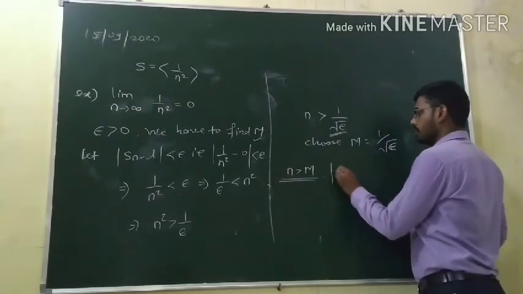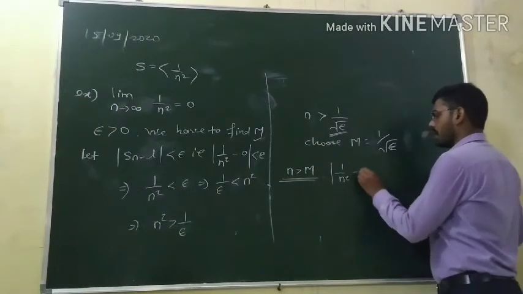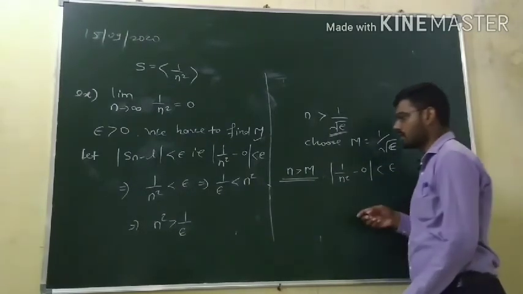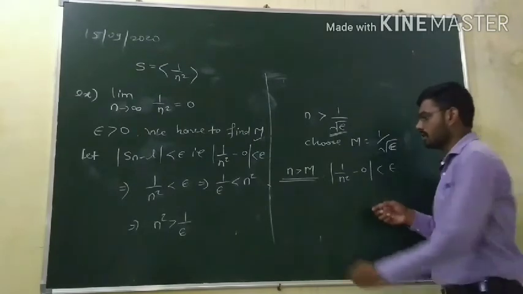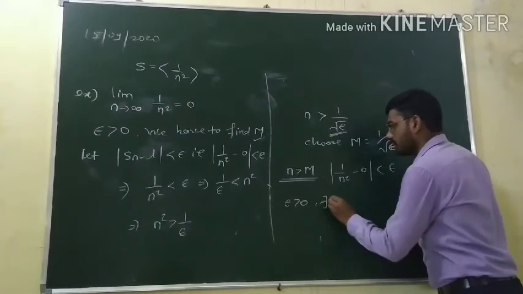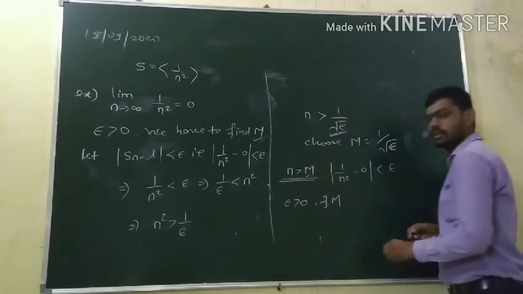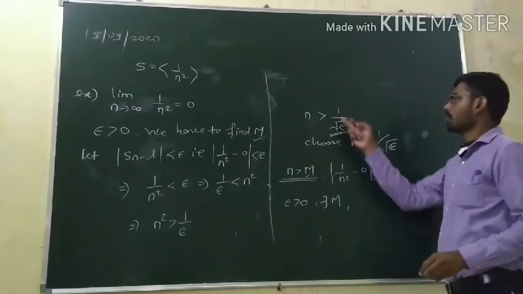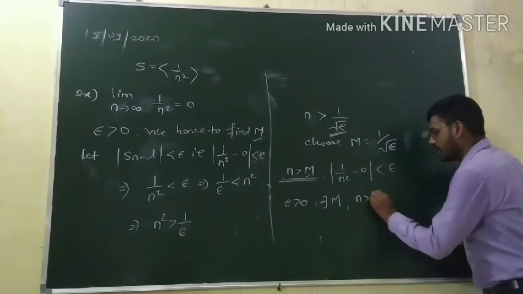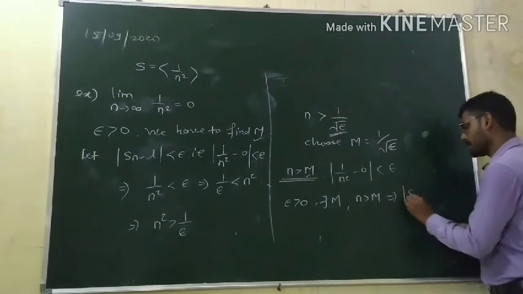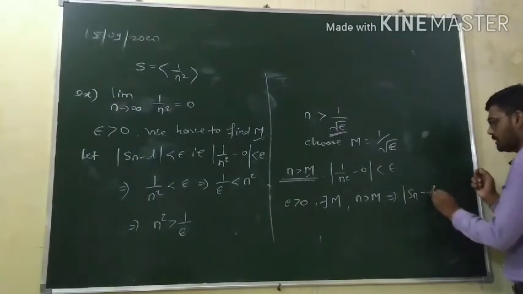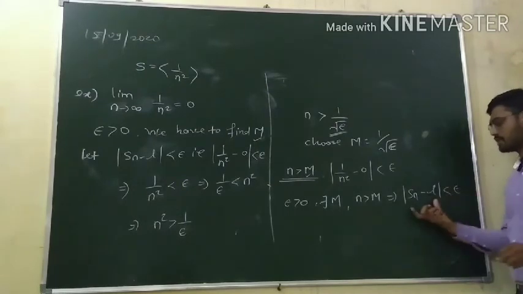The difference between 1 by n square and 0 becomes less than epsilon. So by the definition of the limit of a sequence, for epsilon greater than 0, we have found m, which is 1 by square root of epsilon, such that whenever n is greater than that m, the difference between the n-th element of the sequence and the required limit is less than epsilon.